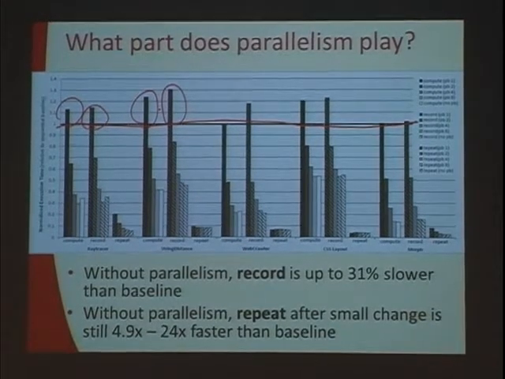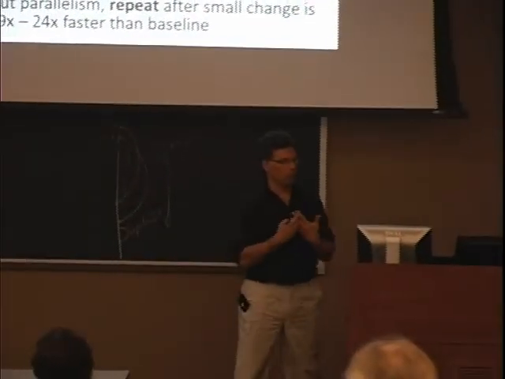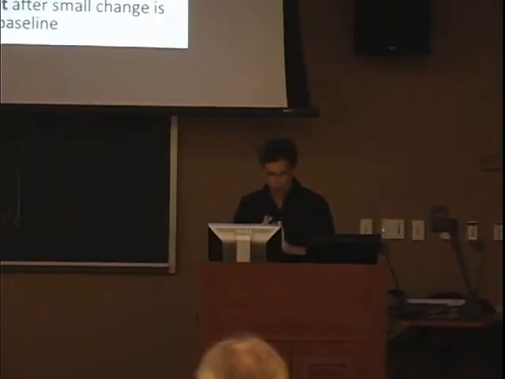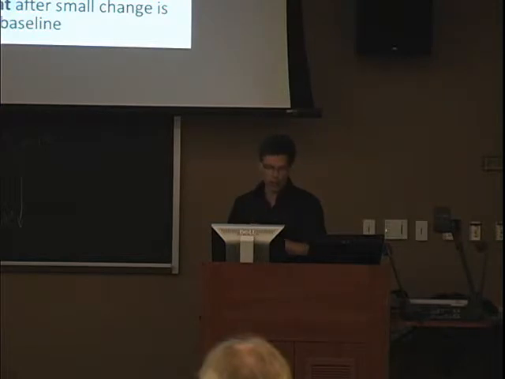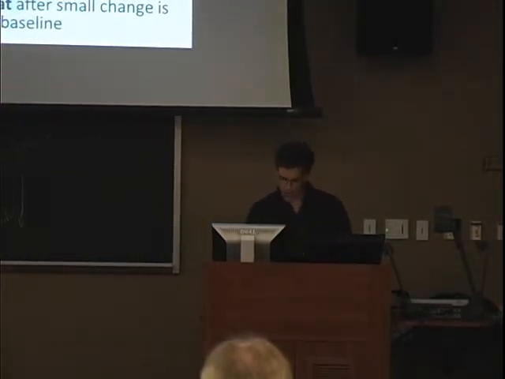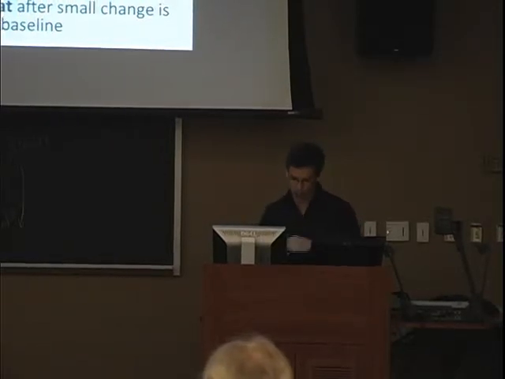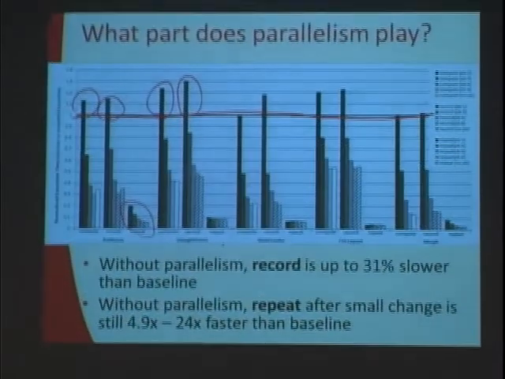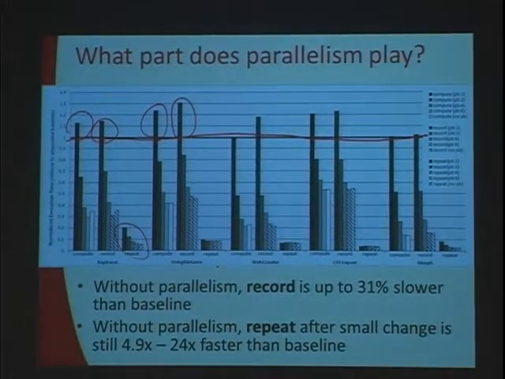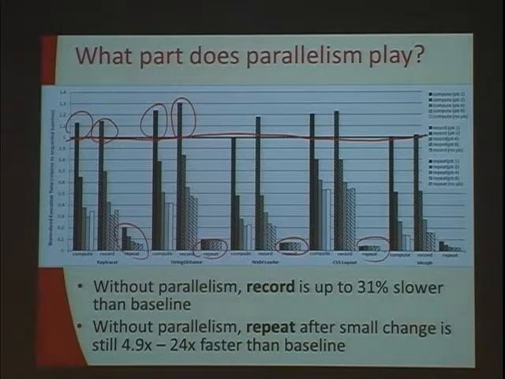We really think of doing parallelism and incremental together. But then, are we getting a big advantage from parallelism during incremental change? That's the repeat phase here. You can see on the ray tracer we actually did get a nice little speedup, but in most of the cases, where we have a very small change to the input, the incremental algorithm is so efficient that we don't have a lot of computation to speed up.